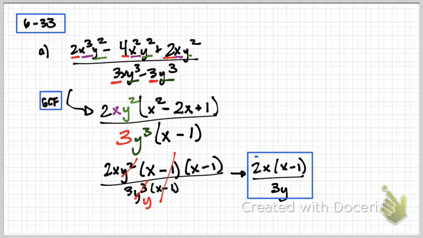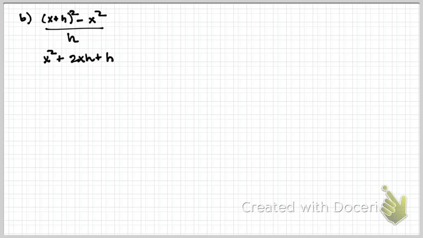All right, let's look at b. b is (x plus h) squared minus x squared, over h. You're definitely going to want to FOIL this out, so you get x squared plus 2xh plus h squared, minus x squared, all over h, and all of that trinomial is this guy FOILed out.